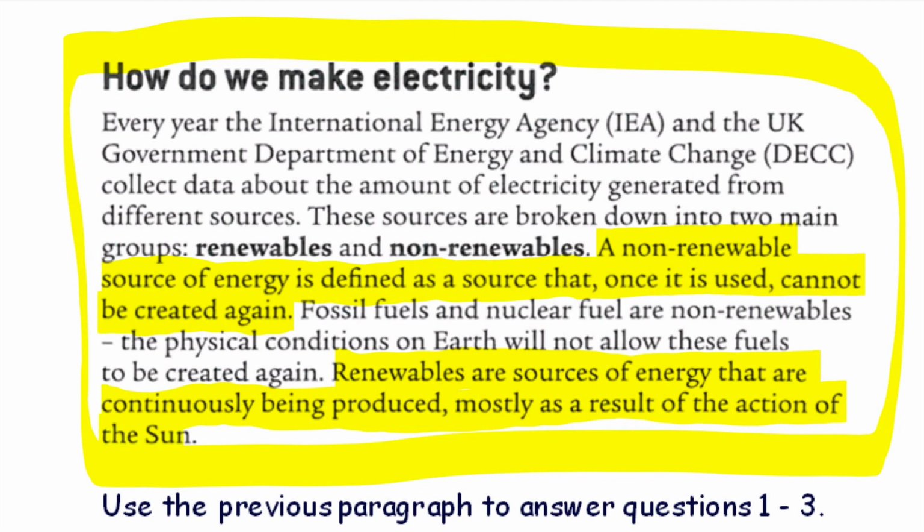So wood, for example, is sometimes classed wrongly by pupils, but because you can regrow trees, it's classed as renewable because it grows due to photosynthesis due to the sun.